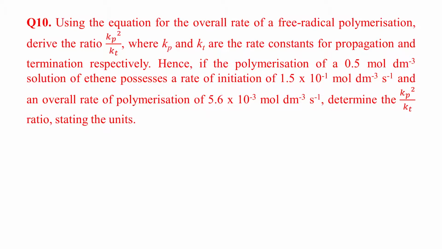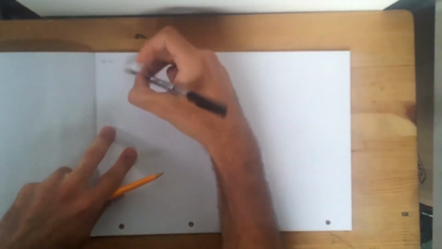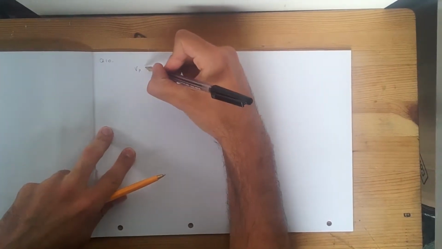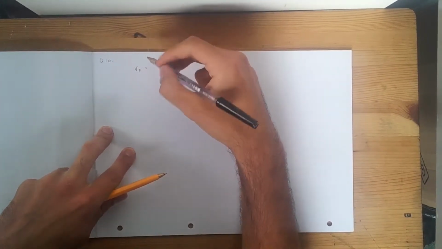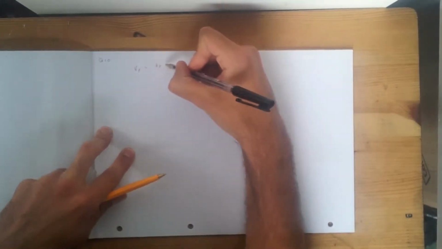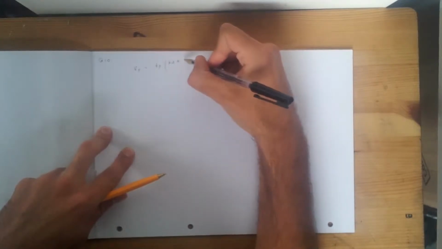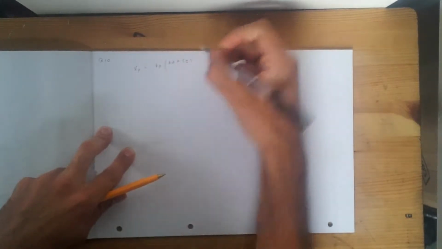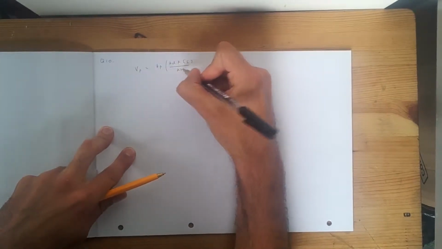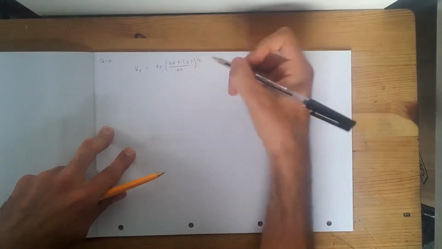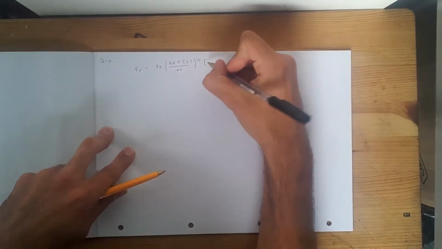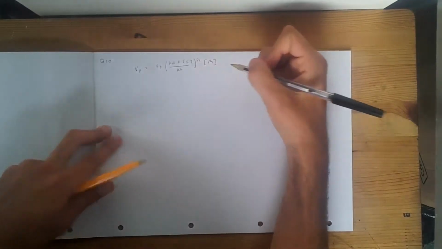So if we start from the overall rate of polymerization, which was Vp equals Kp, Kd Fi over Kt, to the power of a half, times m.